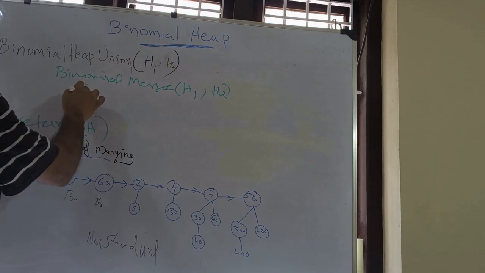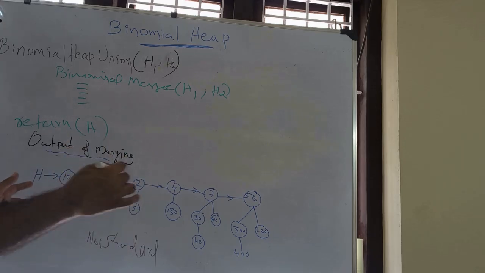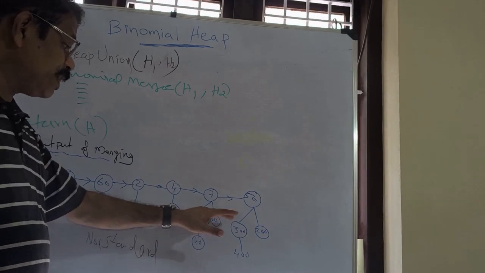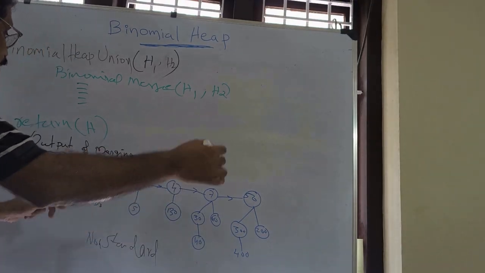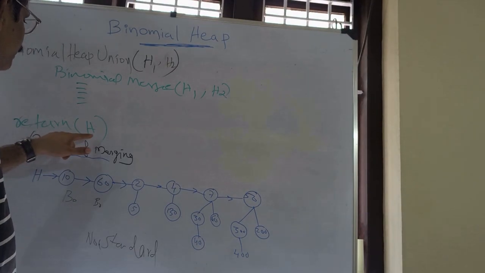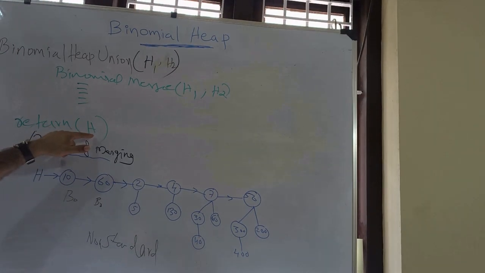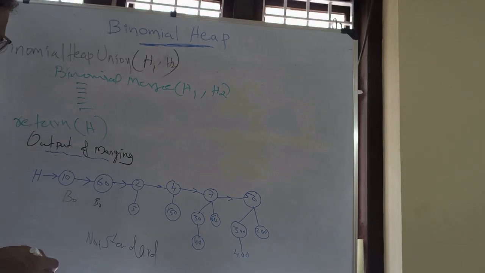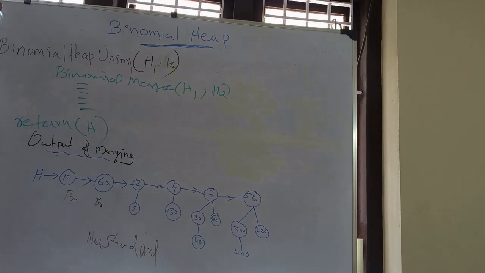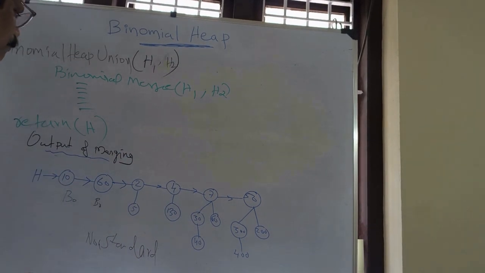Then the remaining statements will standardize this, or rearrange the nodes of this non-standard binomial heap and create a standard binomial heap, that is H, and finally it will return that standard binomial heap. Okay, we will see this operation union through an example.